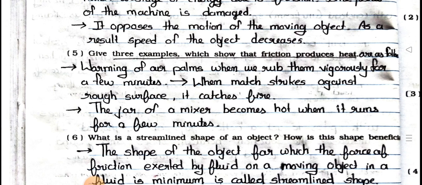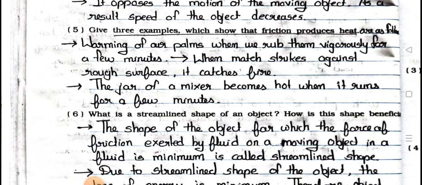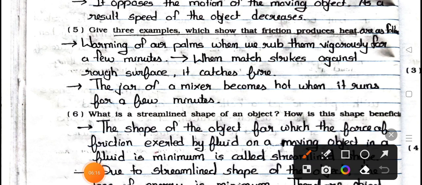See the question number 5. Give 3 examples which show that friction produces heat. Answer is the 3 examples that show that friction produces heat are as follows. Warming of our palms when we rub them vigorously for a few minutes. When a match strikes against a rough surface, it catches fire. The jar of a mixer becomes hot when it runs for a few minutes.